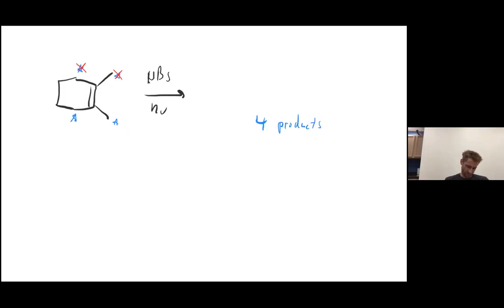So let's take a look at these 2 bottom positions. We can draw in radicals for them.